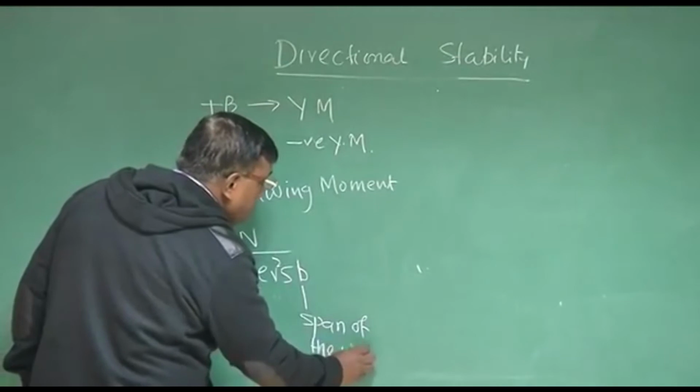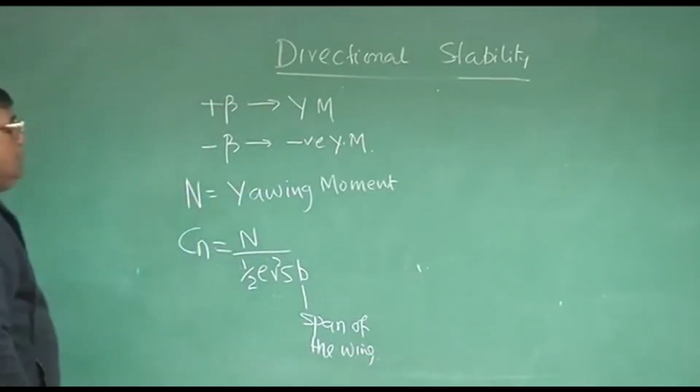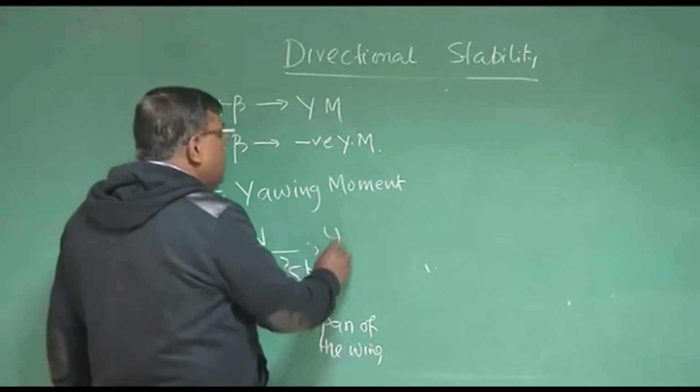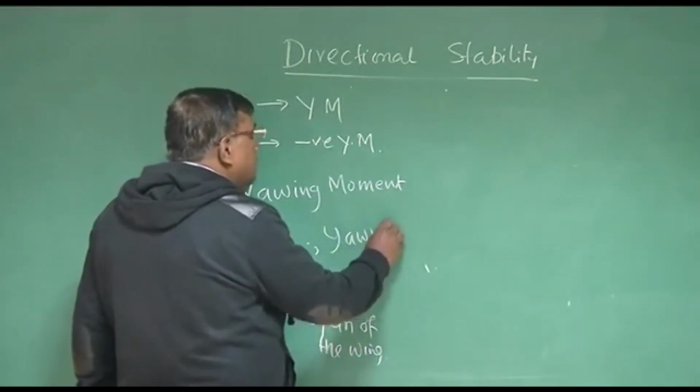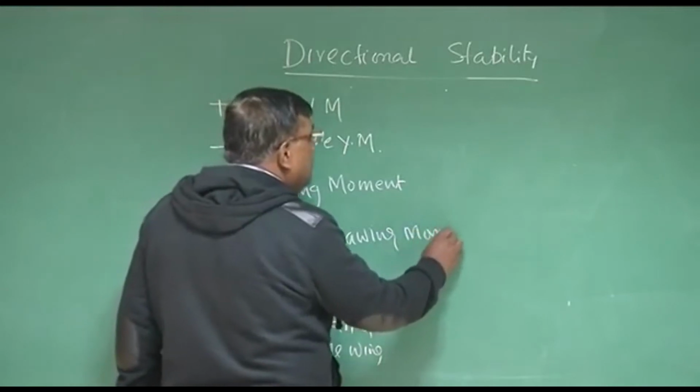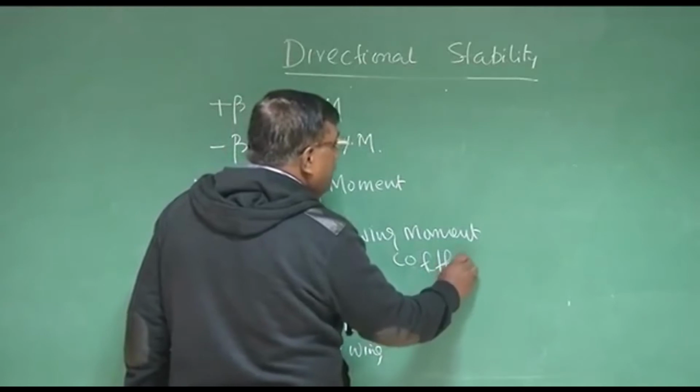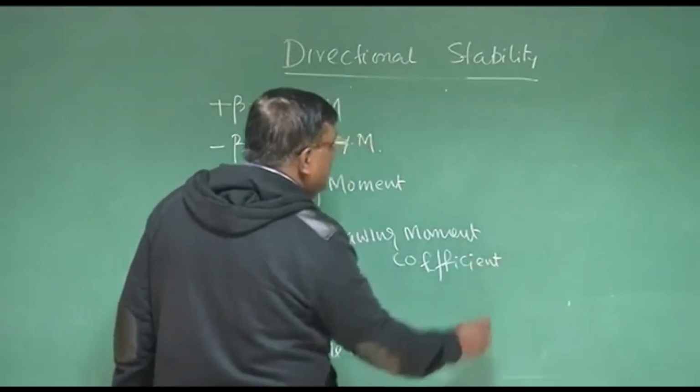Okay. So this is Cn, which is also called yawing moment coefficient.